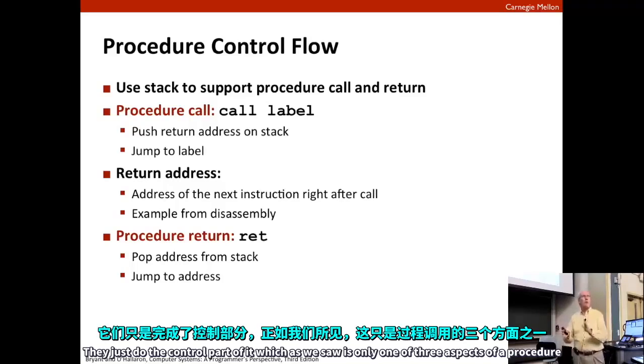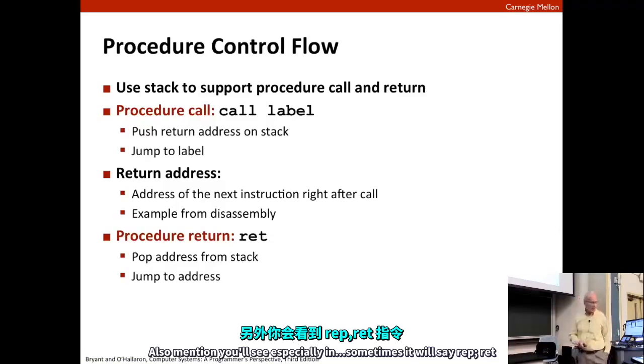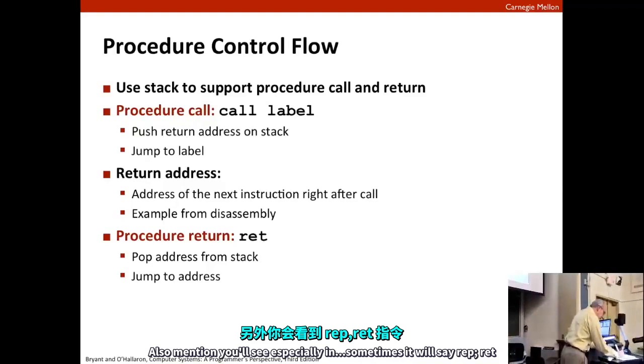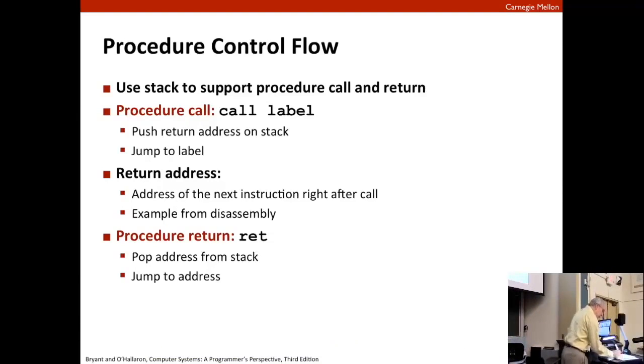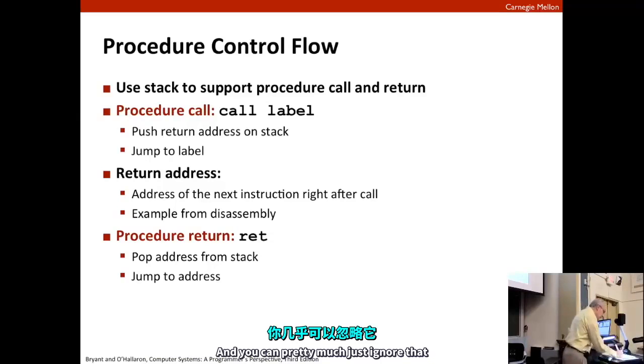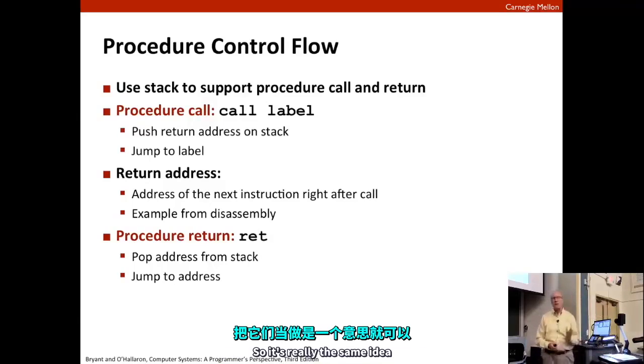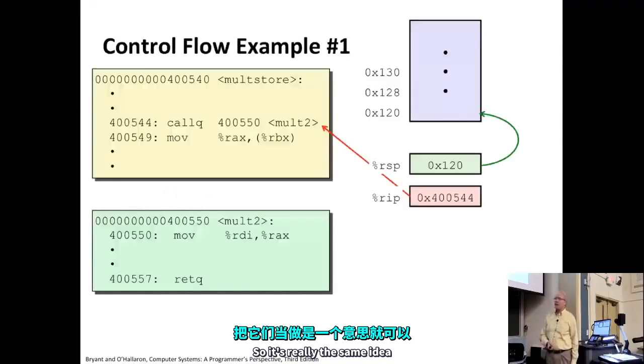They just do the control part of it, which, as we saw, is only one of three aspects of a procedure. I'll also mention, you'll sometimes see REP semicolon RET. You can pretty much just ignore that. It's a bit obscure why it's even there. So it's really the same idea.